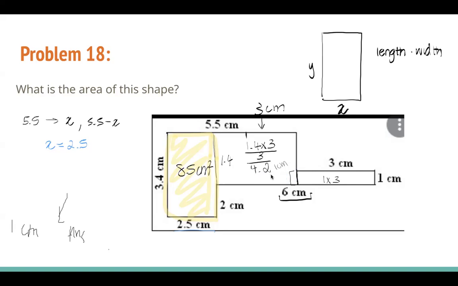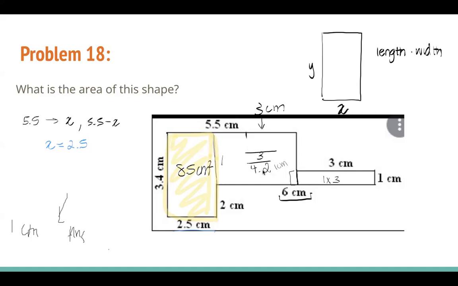What are the units on this? Does anyone want to take a guess? Centimeters squared. Yeah, it'd be centimeters squared.